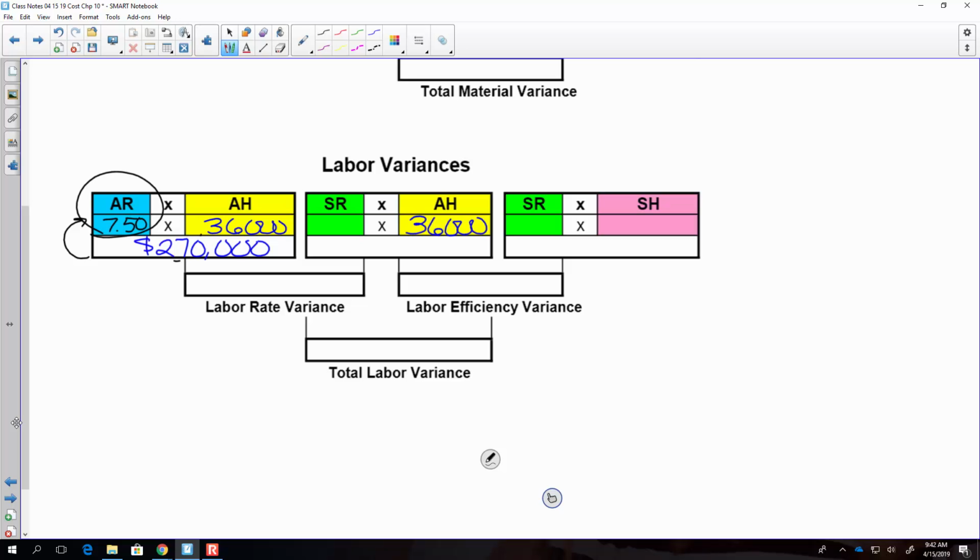That's per unit, right. So these are always per hour. So I can put that in. And then obviously this is the same cost, 270 in the middle. So we have a 0 rate variance.